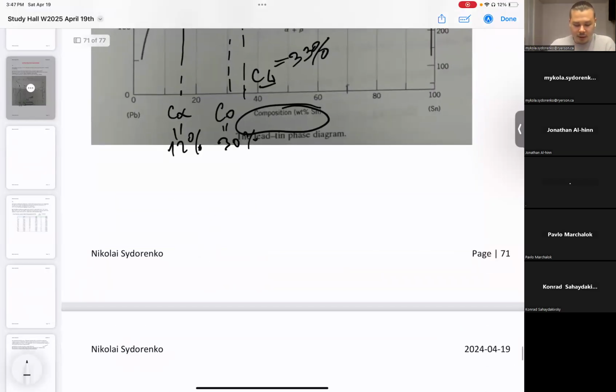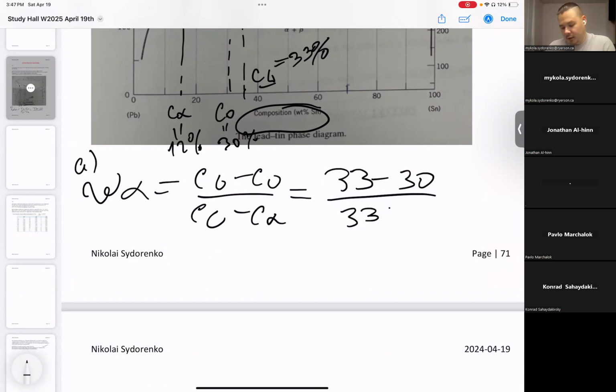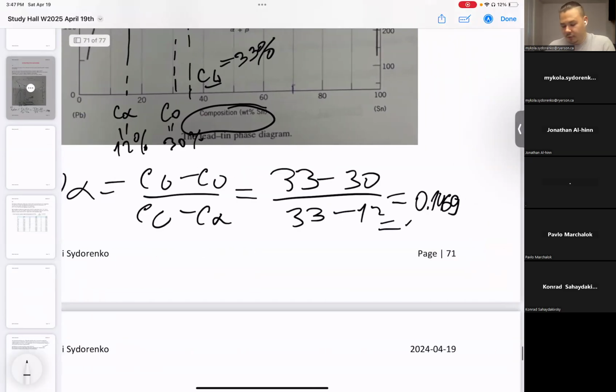So in part A, our omega alpha is CL minus C naught over CL minus C alpha. Basically it's going to be 33 minus 30 divided by 33 minus 12. So we end up with 0.1469, which is roughly 14.7% of solid.